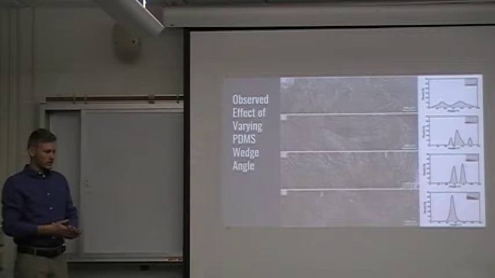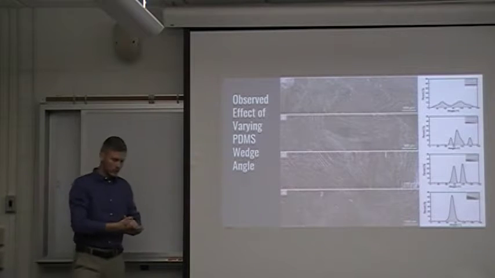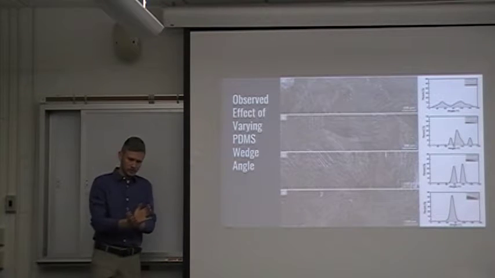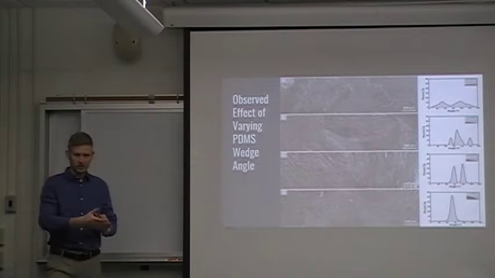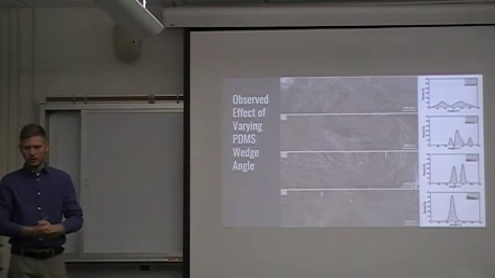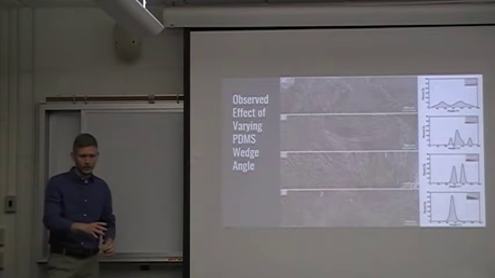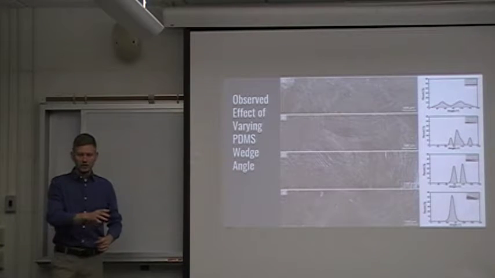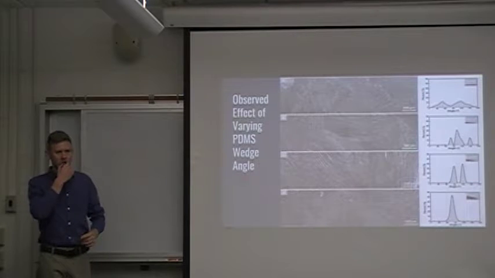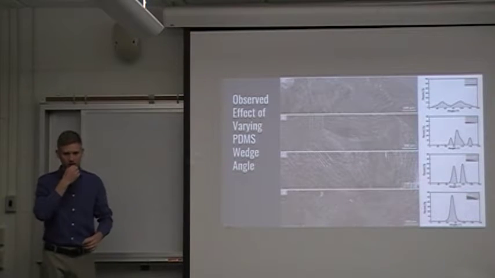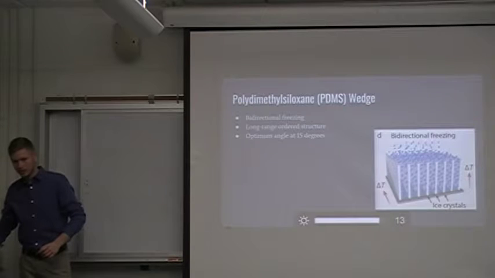Now, with that stated, the wedge causes the bidirectional freezing technique, and they mentioned how it conducts the temperature through the wedge. So the wedge is essentially the only cold thing, and so I guess if you go back to your previous one, this one.